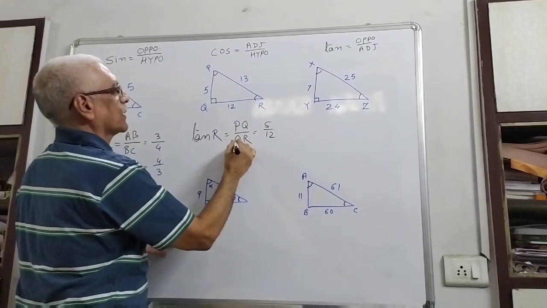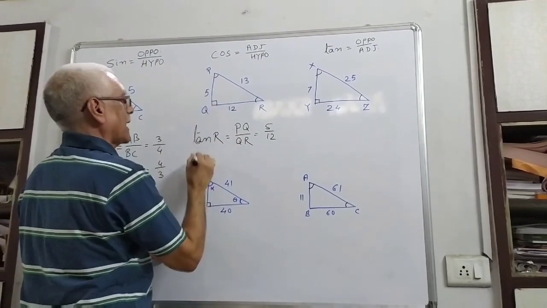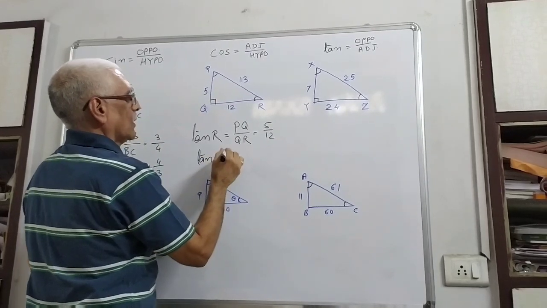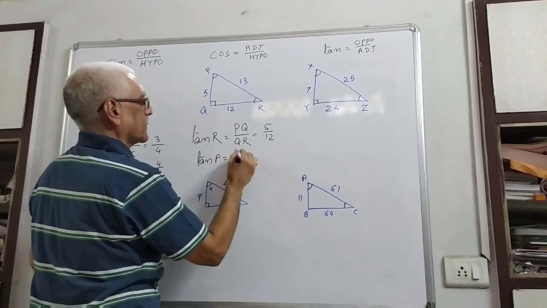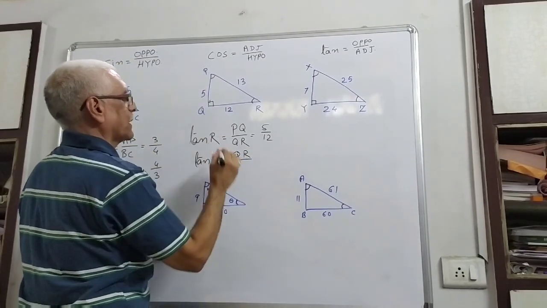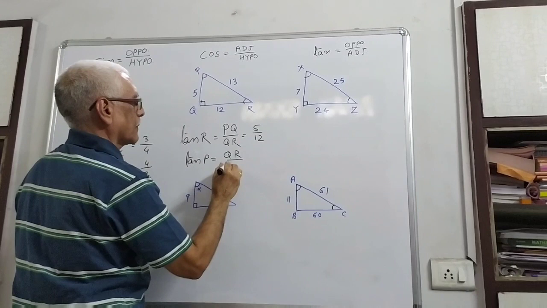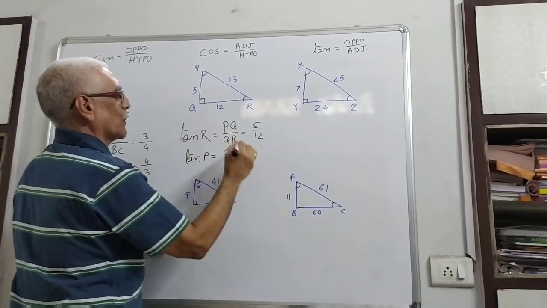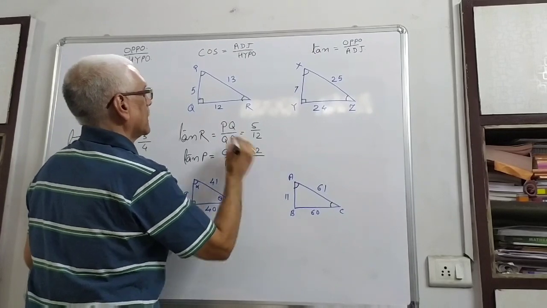PQ is equal to 5 and QR is equal to 12. If you want tan of P, opposite to P is QR upon adjacent to P, which is PQ. So QR is 12 and PQ is 5.